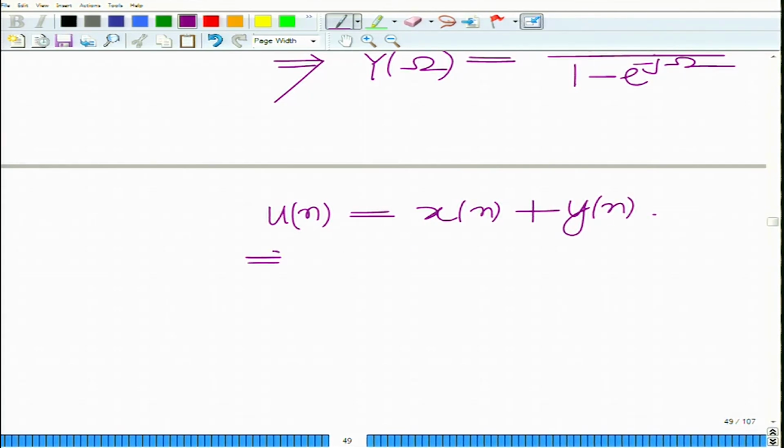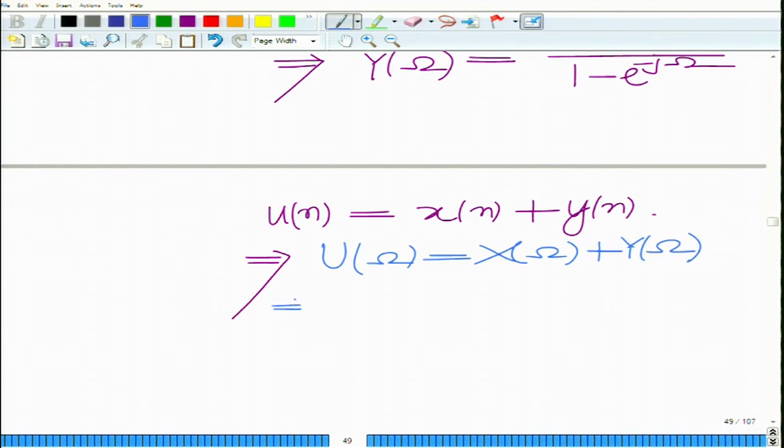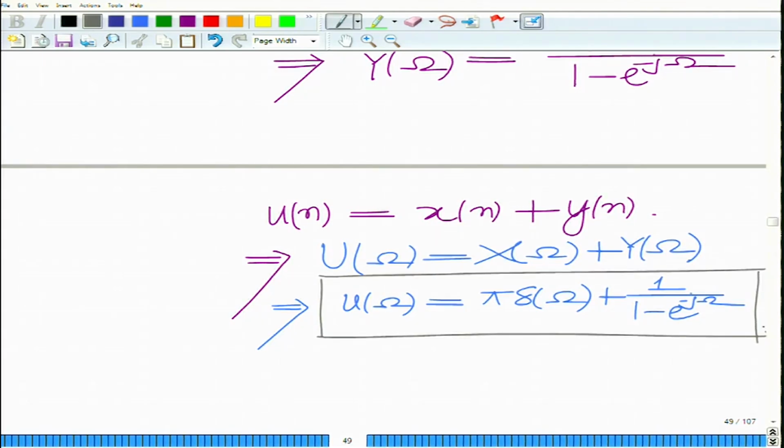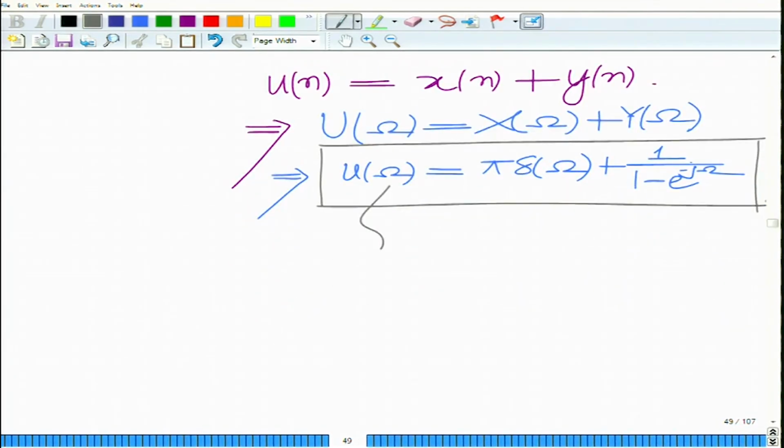By linearity, we have U of omega equals X of omega plus Y of omega, which is basically pi delta omega plus 1 over 1 minus e raised to minus j omega. This is the DTFT of the standard unit step signal.